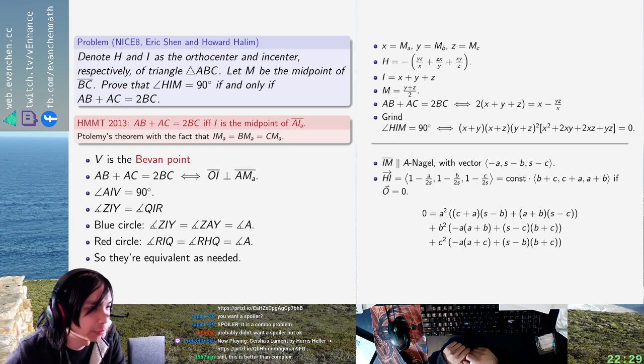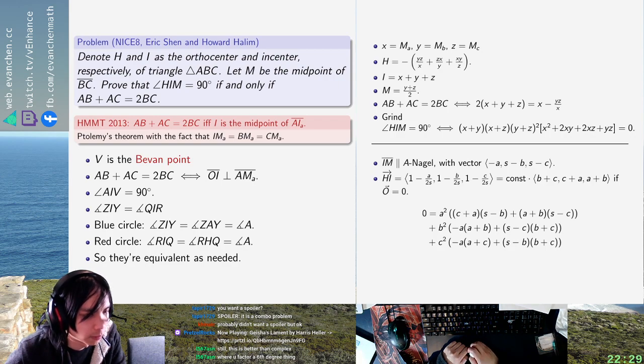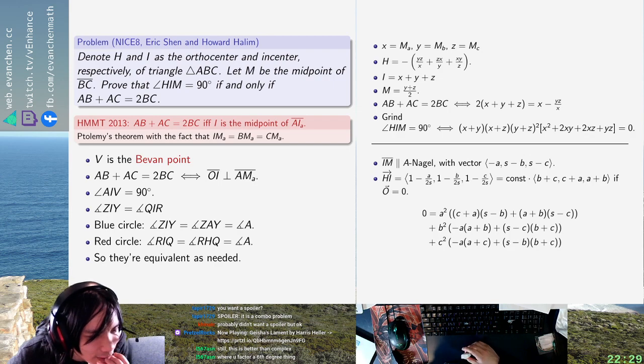Yeah, this is much better than the complex setup I proposed. I agree. Because it's degree 4, and the complex is degree 6 and has more terms. Do I actually want to expand this? I don't actually want to expand it. It looks annoying.